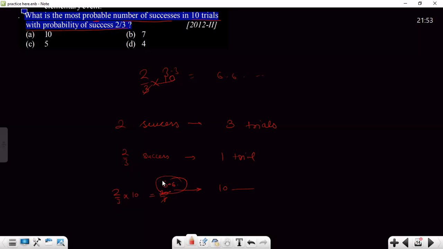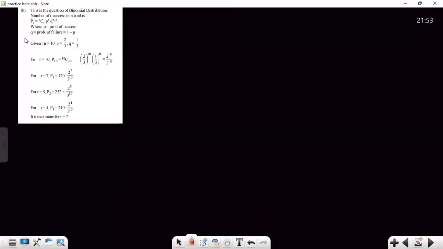So these many successes can be there. We have to tell the maximum. So 6 or 7. 6 is not in the option. We have to tell the upper number, higher number. That's why 7. Clear? Very good, Guruji. Now here, if we go by the solution, then it is very strenuous, tedious.